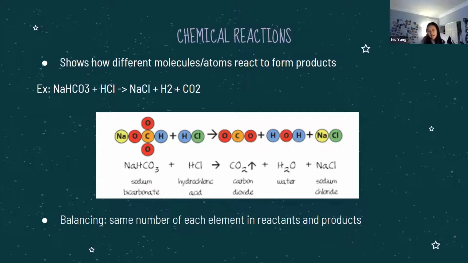That's how we figure out what kind of molecule we are reacting. A chemical reaction shows how molecules or atoms react and the products they form. So here's an example: NaHCO3 and HCl makes NaCl, H2 and CO2.